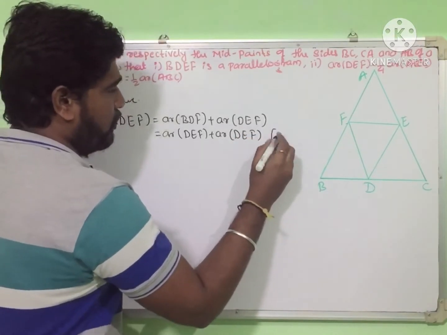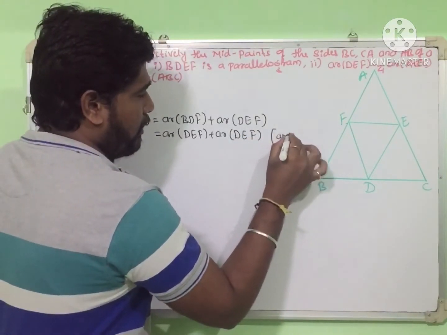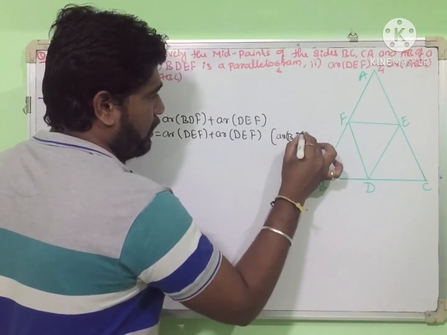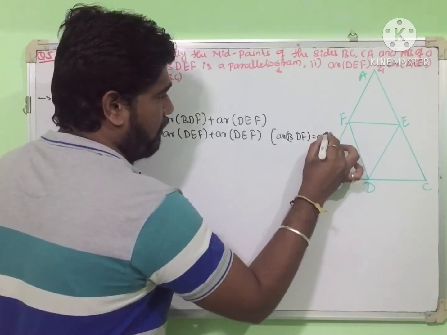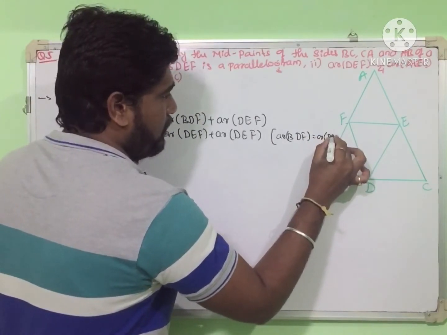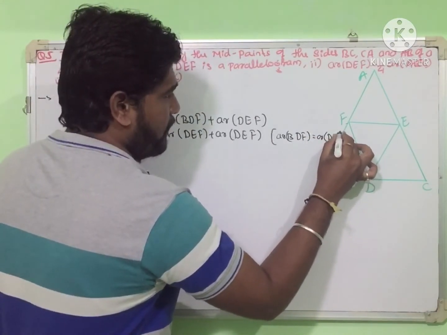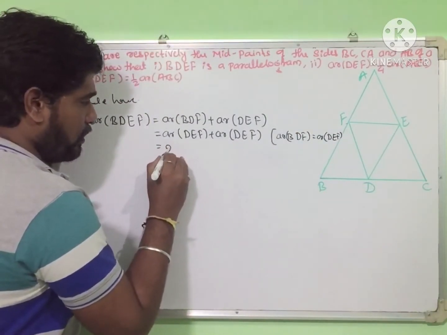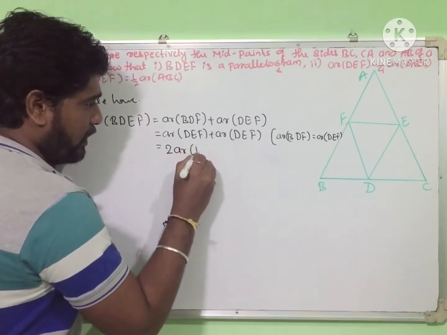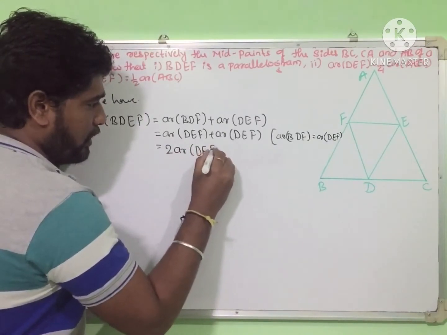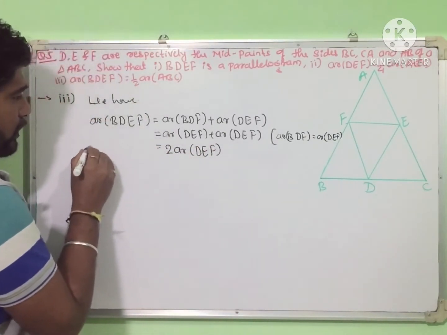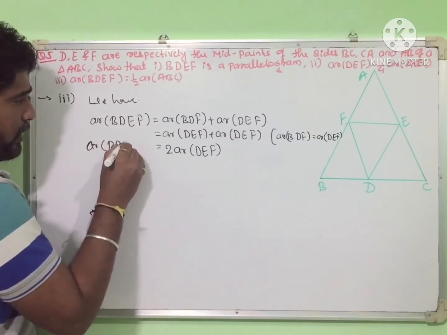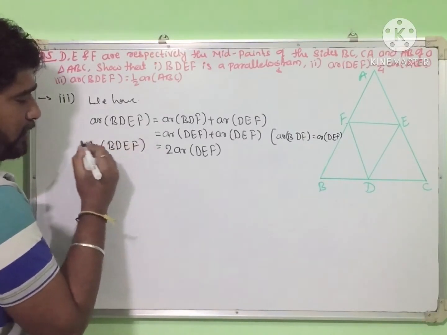Reason: the area of BDF is equal to area of DEF, right? So two times area of DEF, and this side area of BDEF as it is, right?